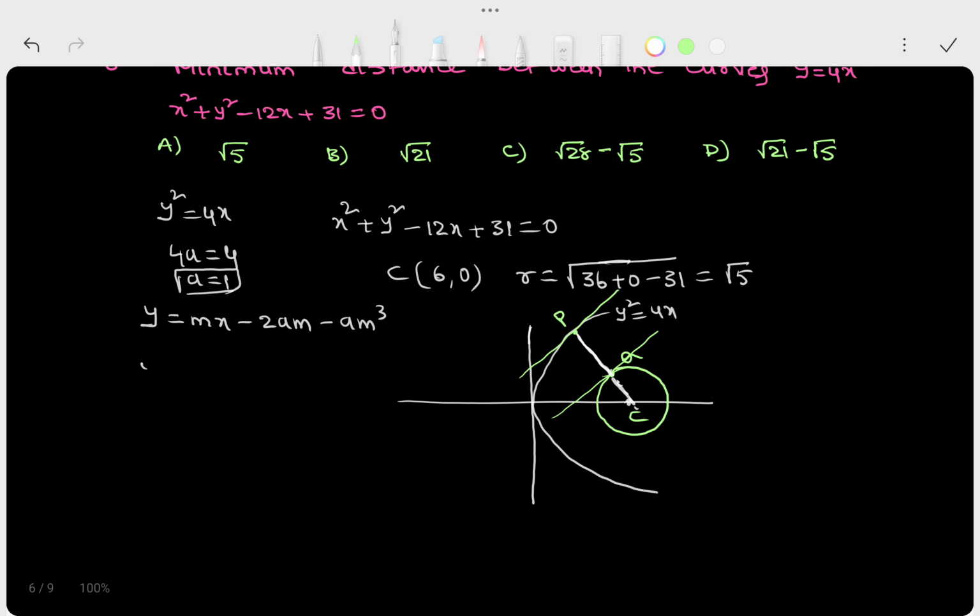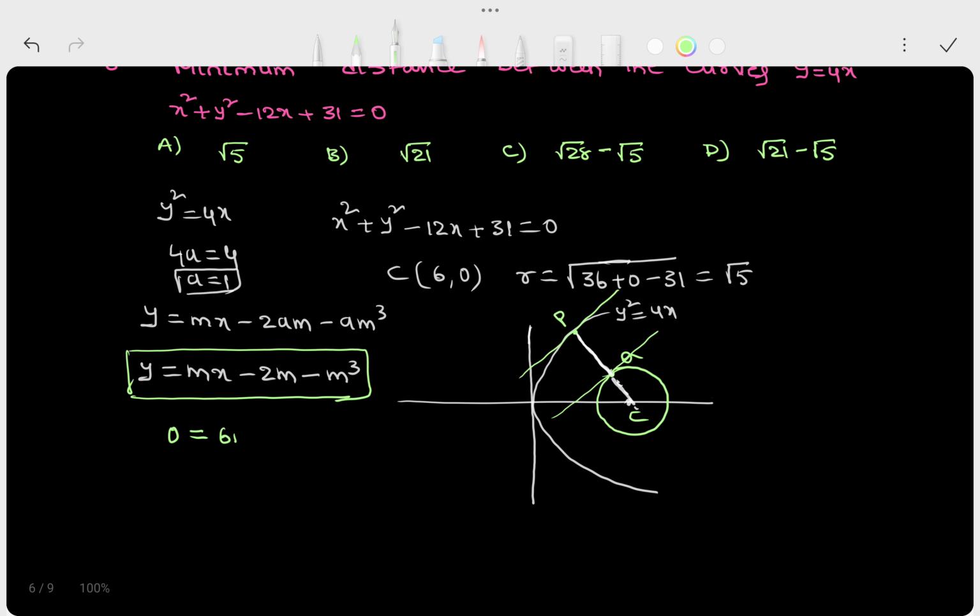Next, y is equals to m times x minus 2m minus m cube. Very clearly it passes through the center of the circle because this is the common normal. Center is (6, 0). Put x is equals to 6 and y is equals to 0: 0 is equals to 6m minus 2m minus m cube.